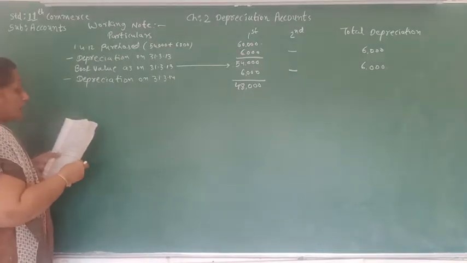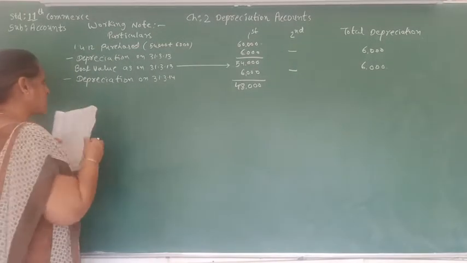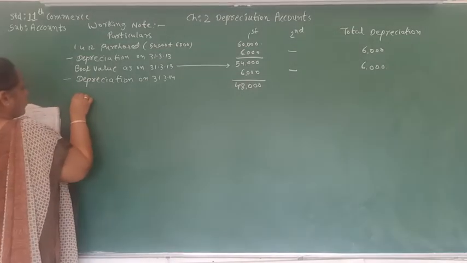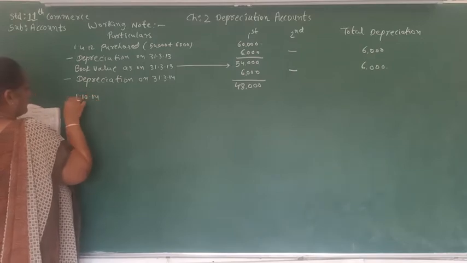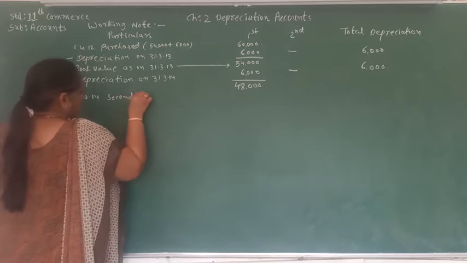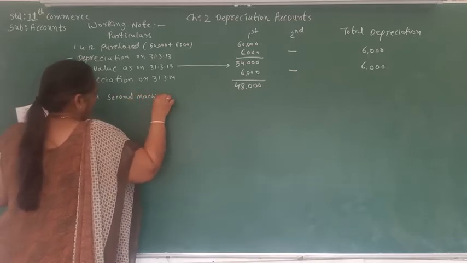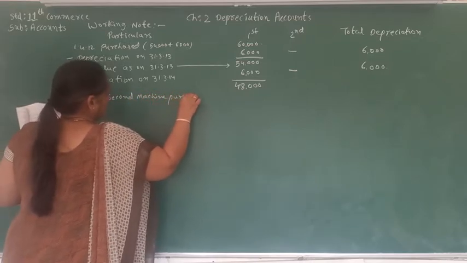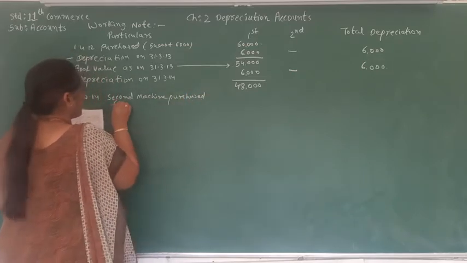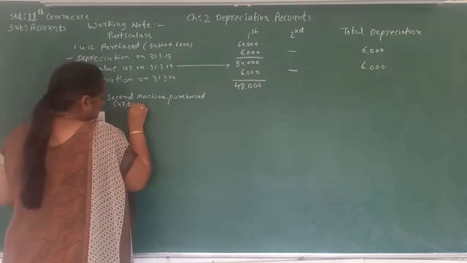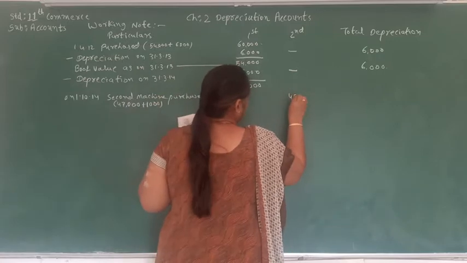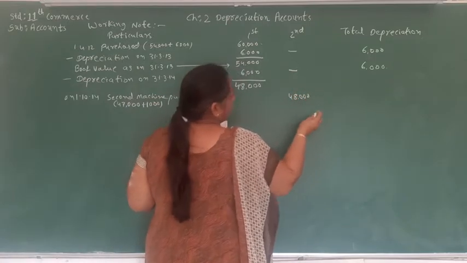Now as we know, the second machine is purchased before the ending of the third year, and that will be on 1/10/14. Second machine purchase, and the cost price of the second machine will be 47,000 plus 1,000, so that will be 48,000.